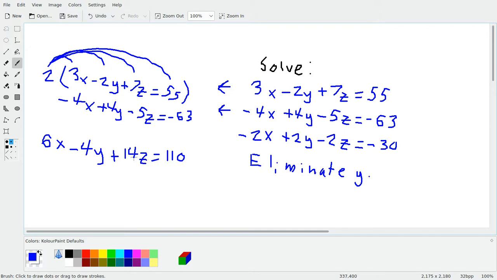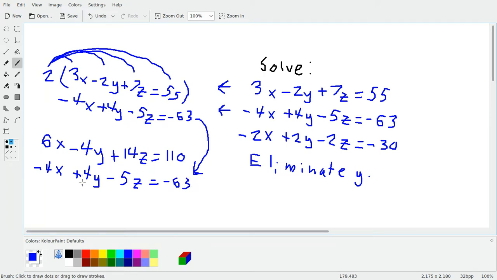I know with my writing, if I don't put that slash through the z, it would look too much like a 2. So there we have our first equation. I'm going to take the second equation and just copy it down below to help us stay organized. Negative 4x plus 4y minus 5z equals negative 63.